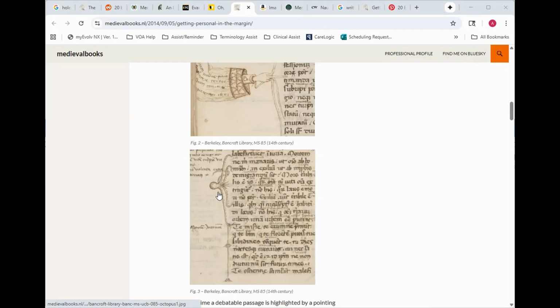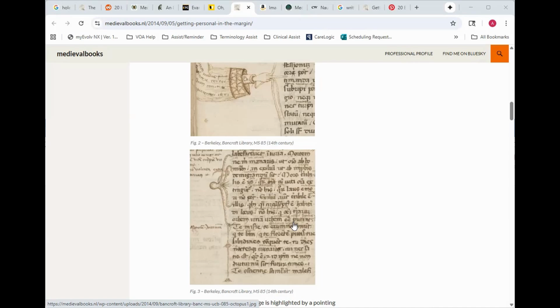From the same text, we have a squid or possibly octopus. Each of its tentacles is coming and pointing to a particular line that they felt was important for us to look at. And this one, if you look closely, you can see that there are some tiny little words written in between the lines. The little words written in between the lines are not marginalia.